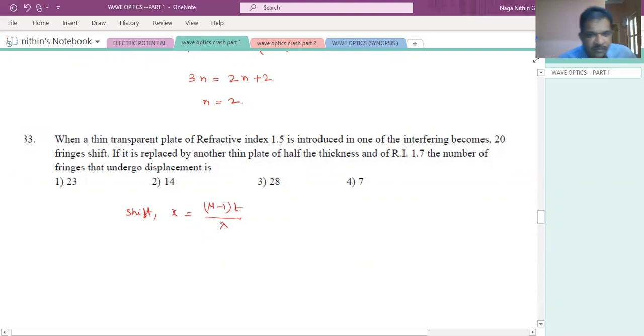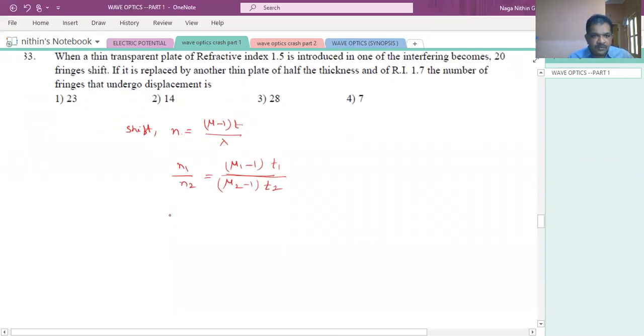Wavelength is the same. Here the number of fringes shifted, take it as n. So n1 by n2 is mu1 minus 1 into t1 divided by mu2 minus 1 into t2. Then you substitute the values, 20 by n2.